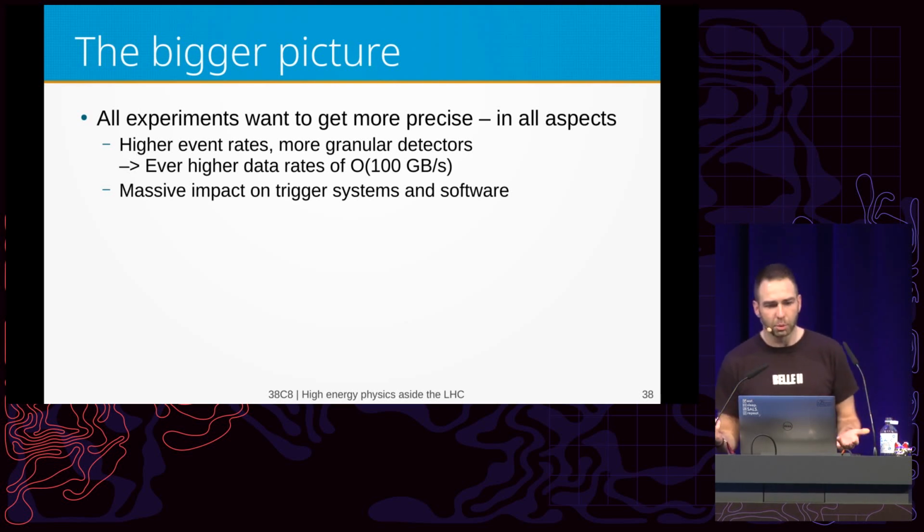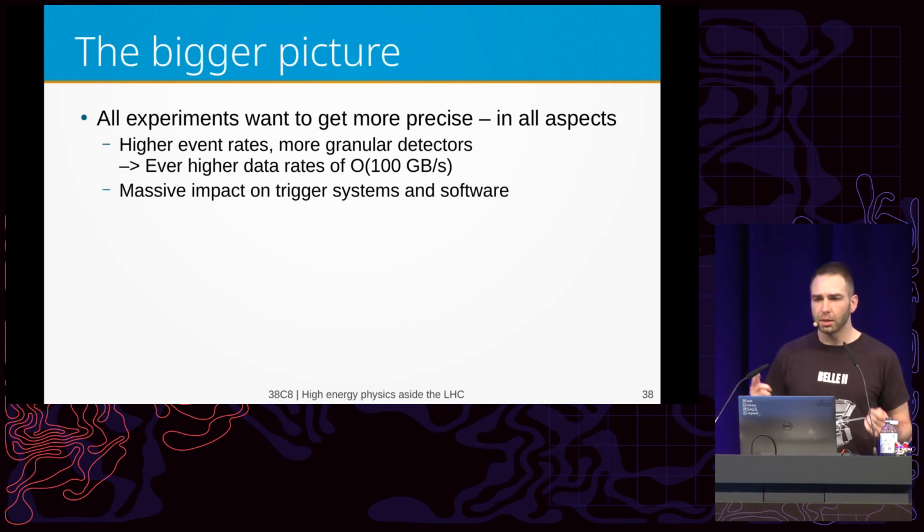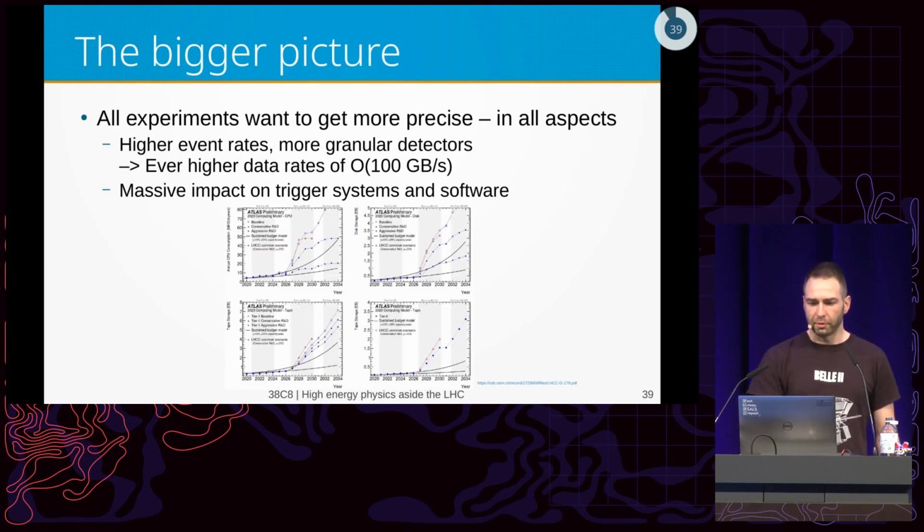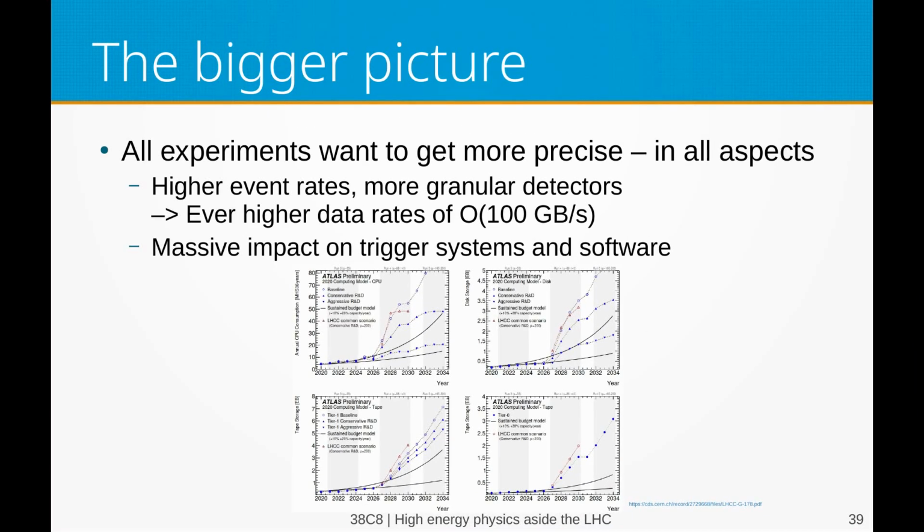This has a real big impact on the trigger systems that tell you whether an event looks interesting or not, and also on all the software behind that trigger system, and the offline software. This is a plot from the ATLAS collaboration, because they now really want to ramp up the number of collisions per bunch crossing of the protons.